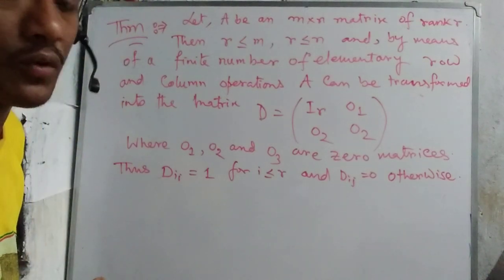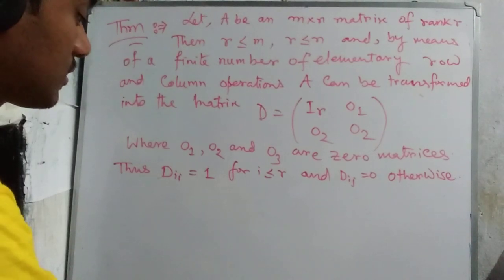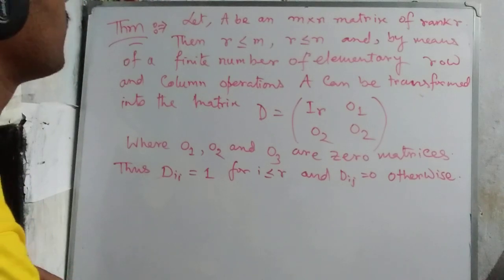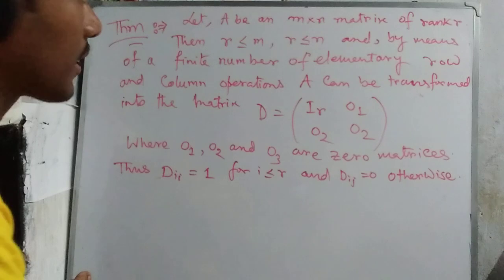Then we're also going to prove this theorem. This one is an important theorem related to the rank of a matrix. Let A be an m cross n matrix of rank r.